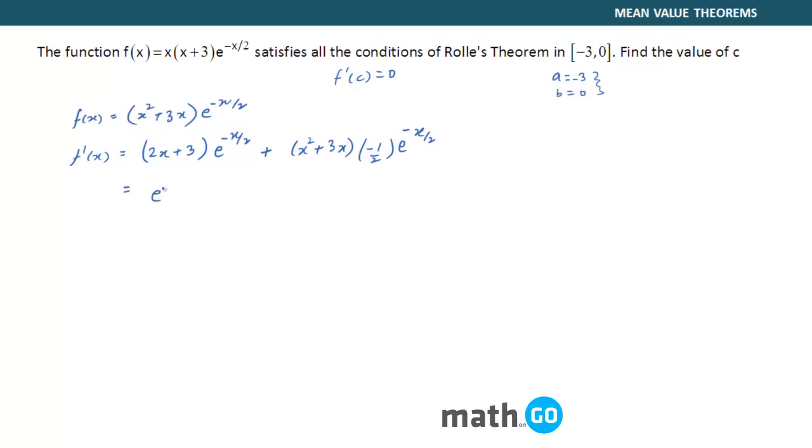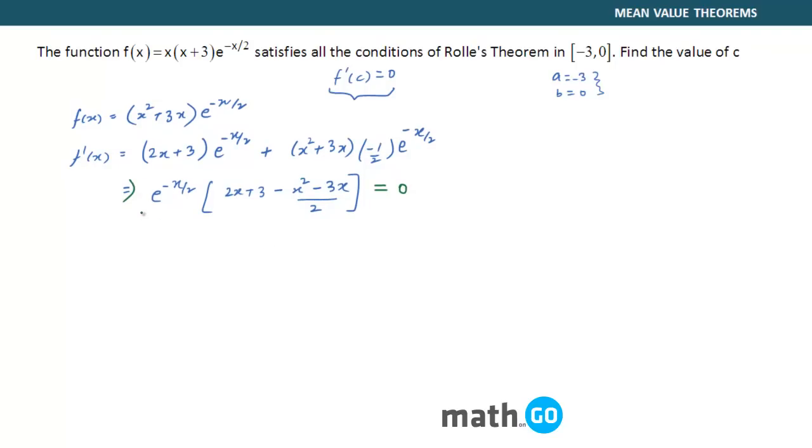Now we can take e raised to power minus x by 2 common, and this will leave us 2x plus 3 minus (x square plus 3x) by 2. This is what we will get, and we want to find a value of c where the derivative is equal to 0. So you will equate this particular term to be 0.